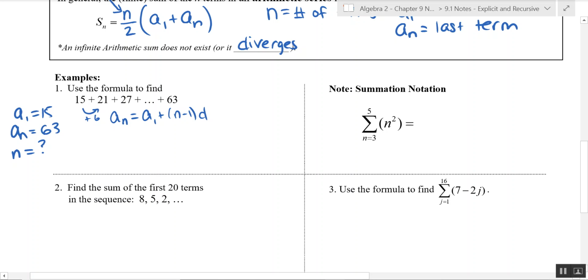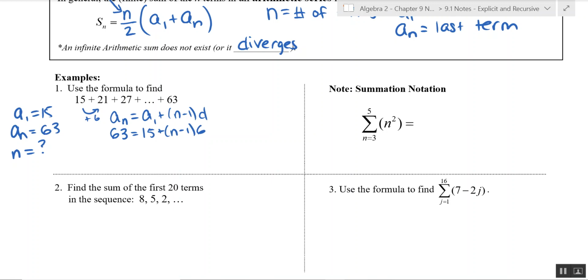And I'm going to fill in what we know. We want to figure out what number 63 is. Our first term is 15, and we want to figure out our n value for that last term. Common difference is 6, and we're going to see if we can simplify this.